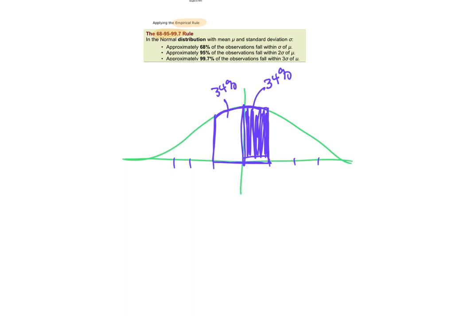Okay, think about the fact that the empirical rule tells us 95% of the data is in this interval, right? But if we want to consider how much is just in the blue that I am shading and not that purple that I've colored, then we need to do some subtraction here. We need to say 95 minus 68 to figure out what that is.